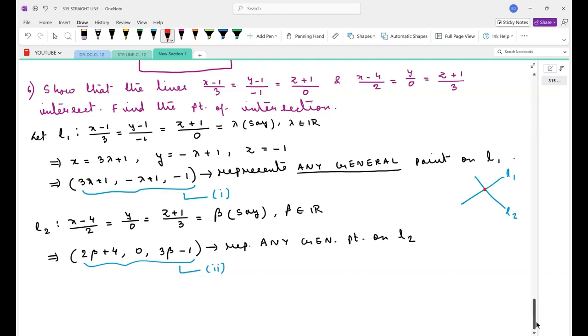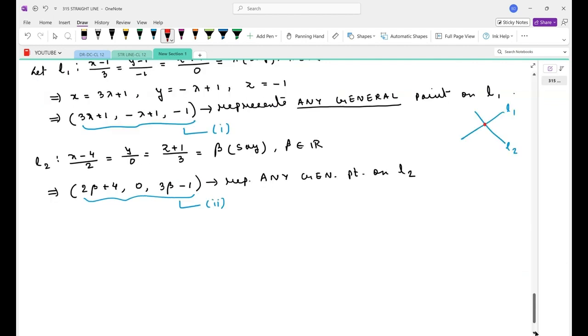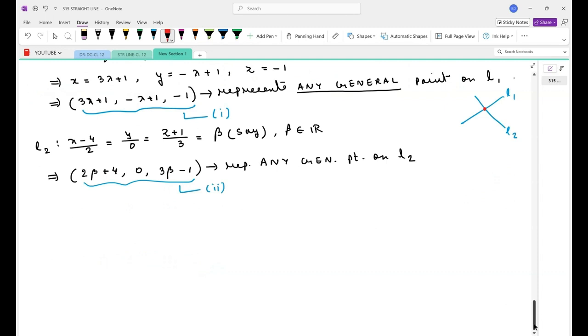So that's the idea here: as if we already know that they intersect at a point, then for that particular point these two coordinates will be the same. So we are forcefully imposing that condition.